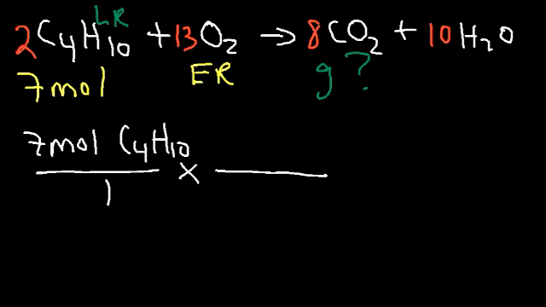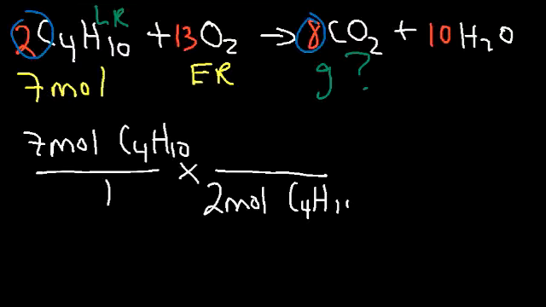Now, whenever you want to change from one substance, in this case butane, to another substance, like CO2, you need to use a molar ratio. In this case, it's 2 to 8. So for every 2 moles of butane that reacts, 8 moles of carbon dioxide will be produced.